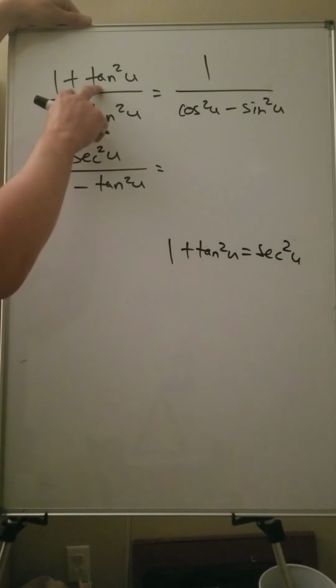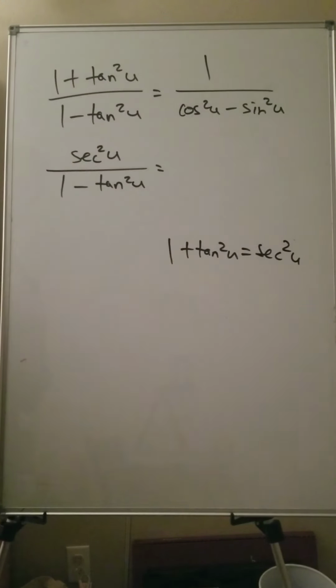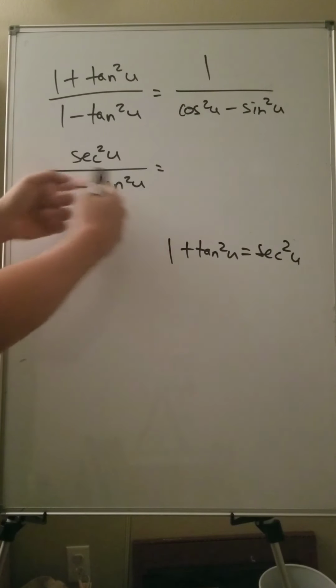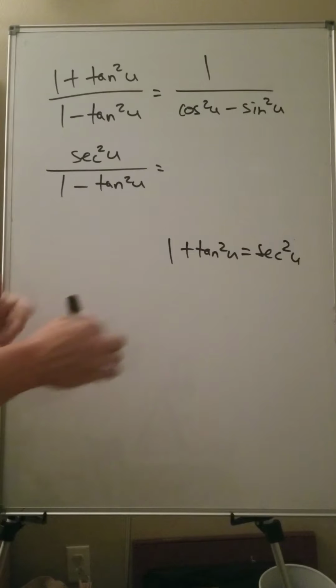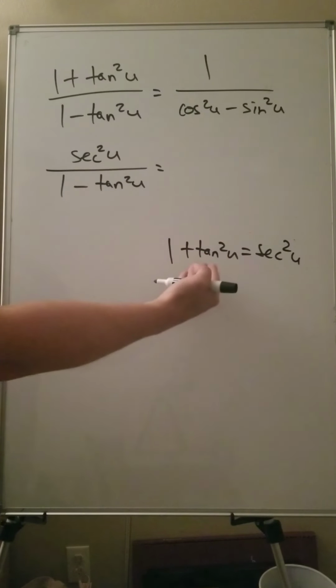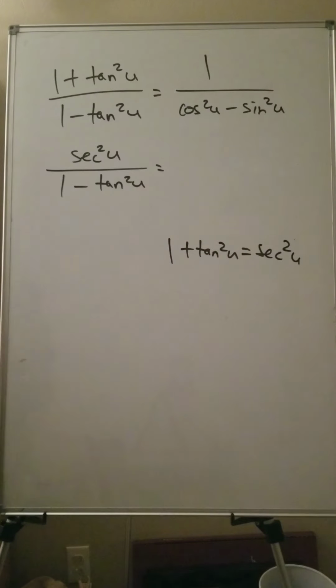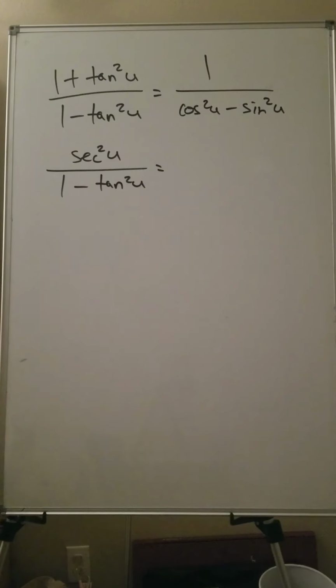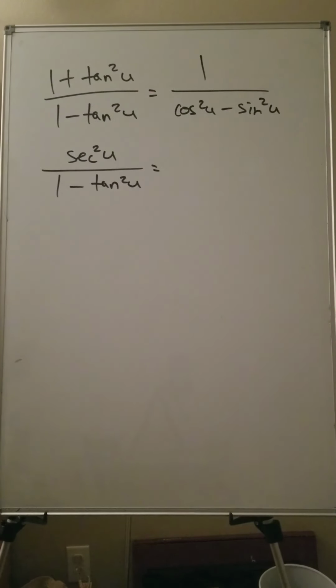So I replaced 1 plus tangent squared u with secant squared u. But I don't have anything that tells me I can do 1 minus tangent squared and equal something. This isn't 1 minus tangent squared, and I won't be able to manipulate this algebraically to make it say 1 minus tangent squared. So whatever substitutions you make, make sure that they are, in fact, valid.